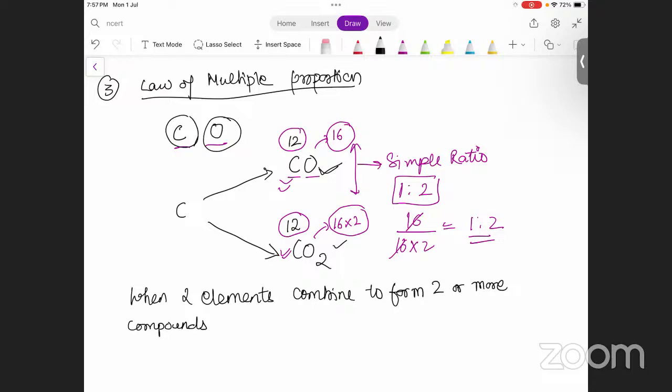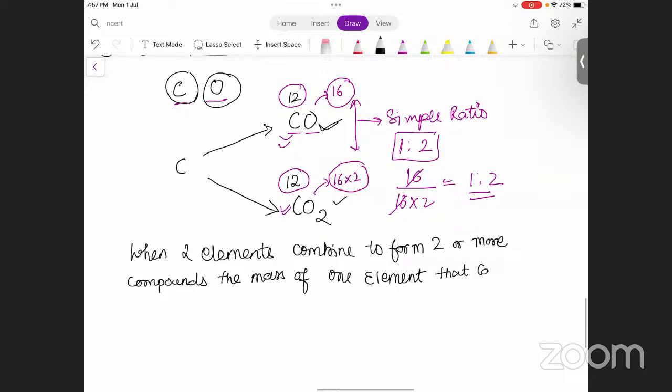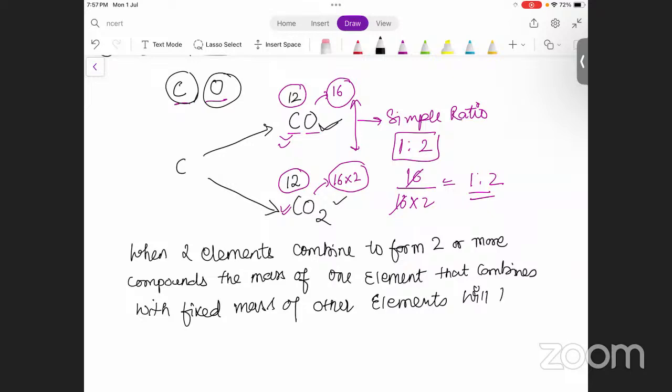So here what we are saying is when two elements combine to form two or more compounds, then the mass of one element that combines with fixed mass of the other element will always be in simple ratio.